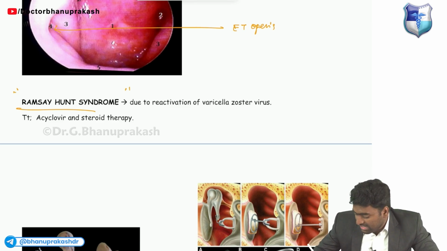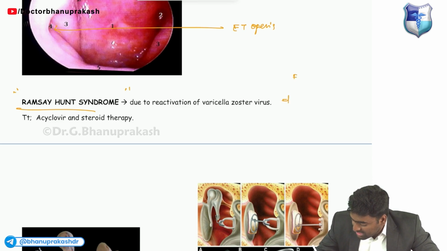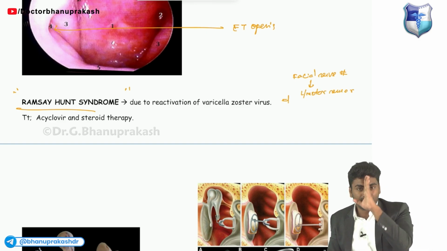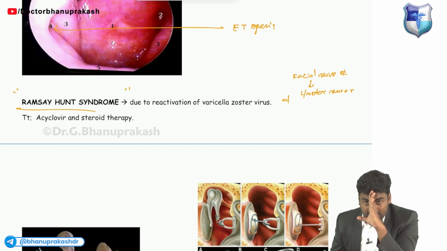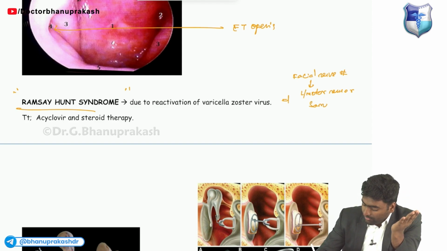Ramsay-Hunt syndrome. We know this facial nerve palsy, if it is involving the lower motor neuron, it will involve the same side, the same half.